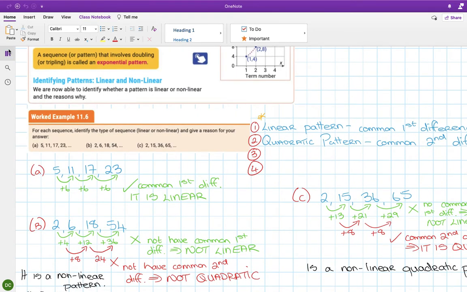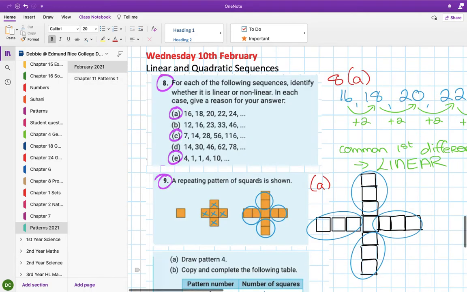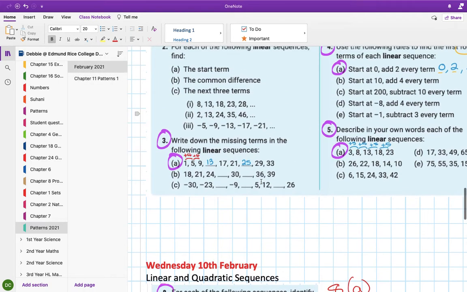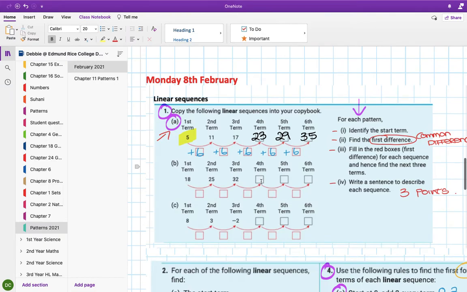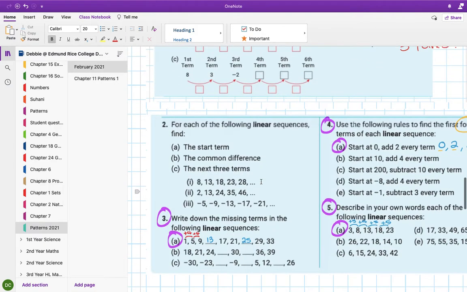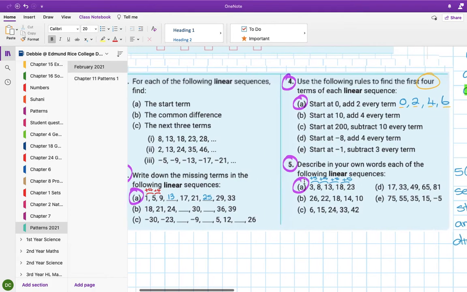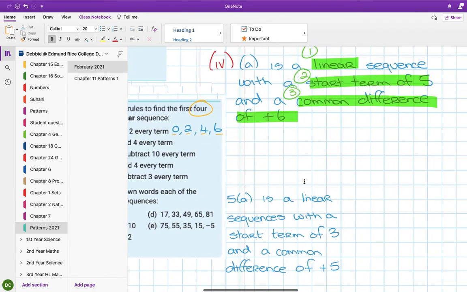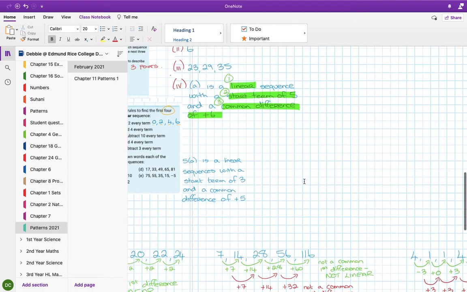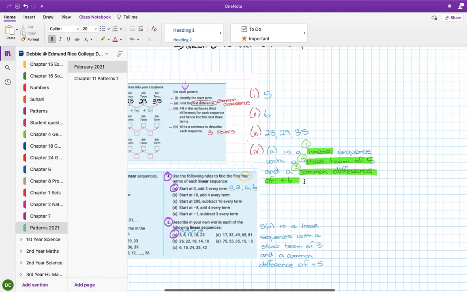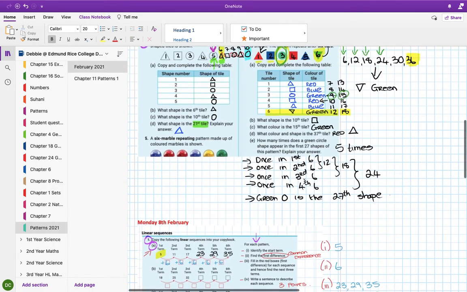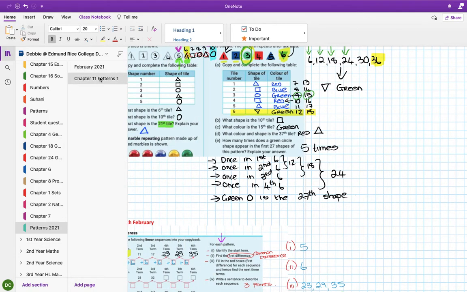Actually, sorry, before I go in here, I thought it was going to work out there, but it didn't. Let me see. Sorry, just bear with me for one. No, it must have been in here.